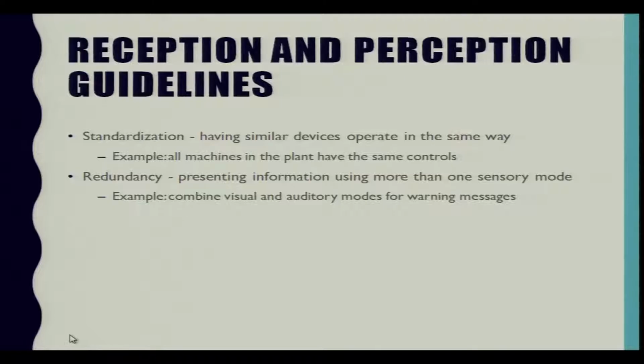Next, in reception and perception guidelines, it is an accepted principle in nearly all design situations. In ergonomic design, it means having similar devices operate the same way. For example, a person can work on one machine and then relocate to another machine, and that second machine has the same kind of control.